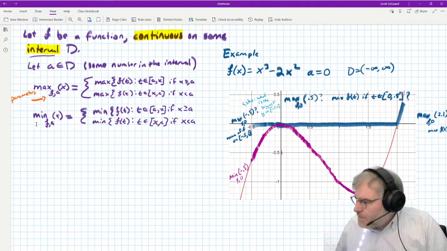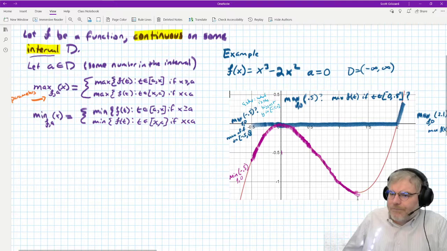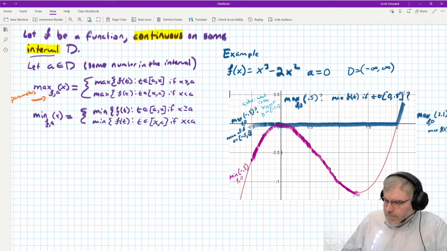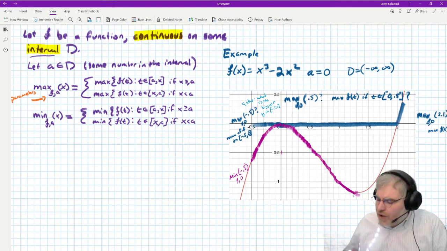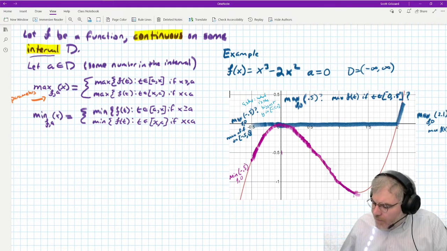So what happens when I get to this point right here? Right, you're changing from decreasing to increasing. In other words, the minimum has stopped. The global minimum on this function is here.